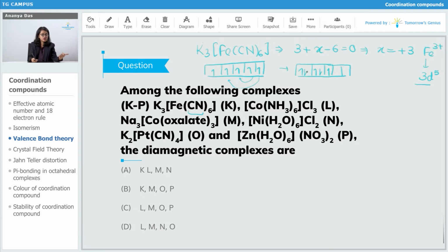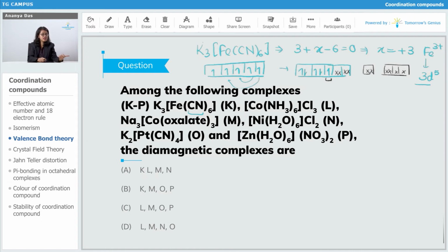Even if the electrons are getting paired up, as you can see, one electron still remains unpaired. The electrons of the CN negative ligand will come into these orbitals, then there is going to be s and then p also. So the electrons are going to come into these, but still one electron remains unpaired.